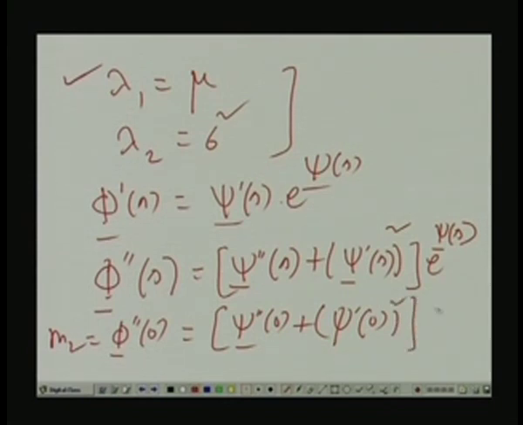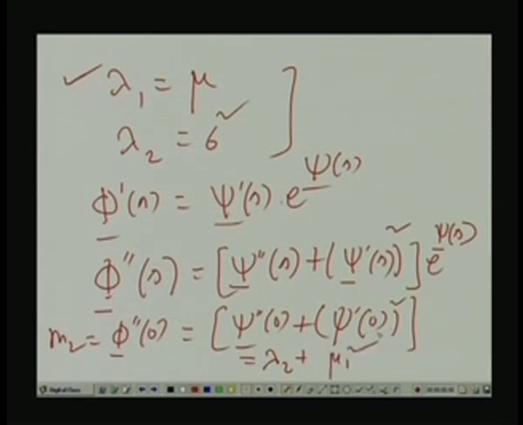Whole square, and e to the power, as you have seen, e to the power psi 0, that is equal to 1, because psi bar 0, psi underscore 0 is 0. So, this is equal to 1, so I do not write it. So, you have got this quantity, which is nothing but lambda 2, and this is lambda 1 square, but lambda 1 is same as mu 1, we have seen.